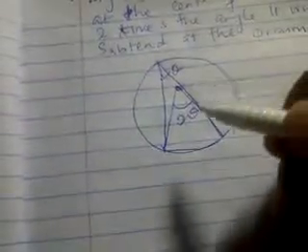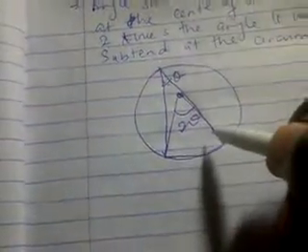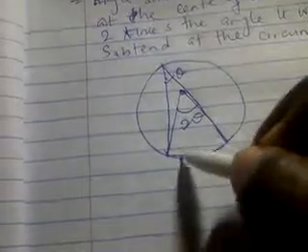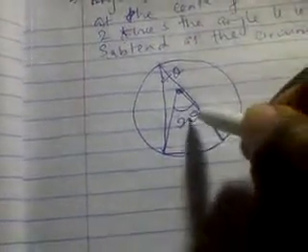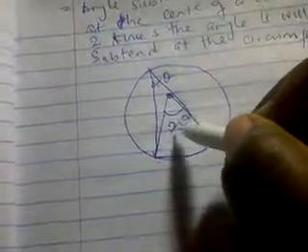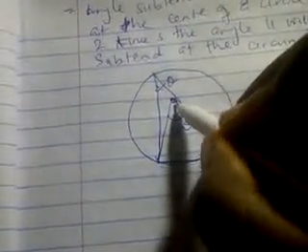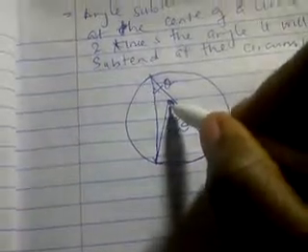This one will always be double of what this one is, once it's the same arc that subtends it. This arc will subtend 2 times at the center what it subtends on the circumference.